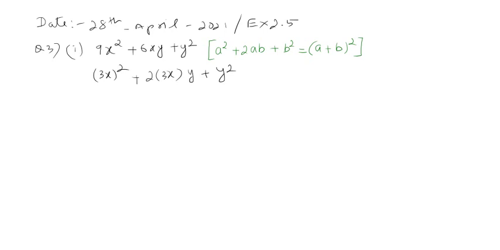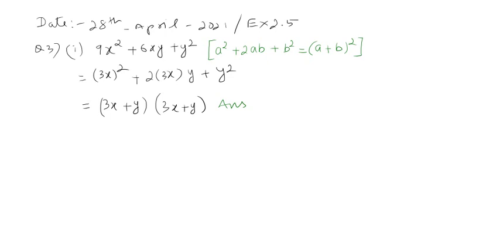So I have to make sure that this 6xy looks like this 2ab. So you can now see very clearly all the terms resemble this. A square is 9x square, so a is 3x, and b is y. So that means I have to write a, that is 3x, plus b, that is y, square. Instead of writing square, I'll write this one twice because I have to factorize. It's better that I write it like this. So the factorization is done and this is the answer.